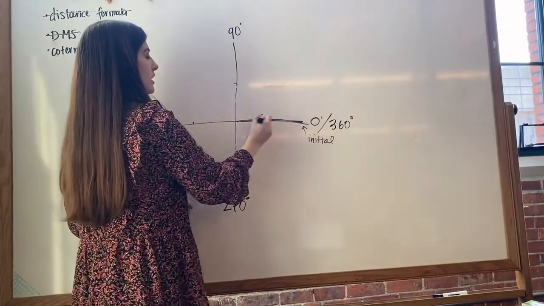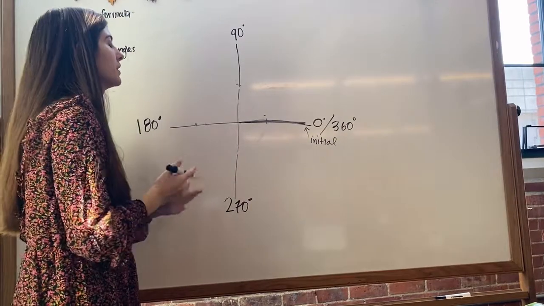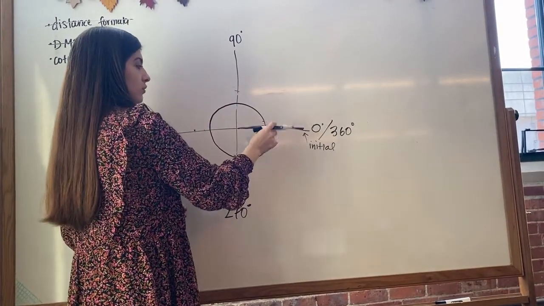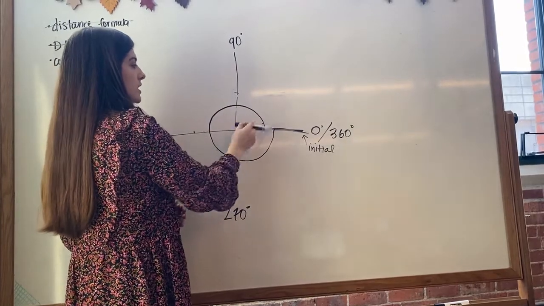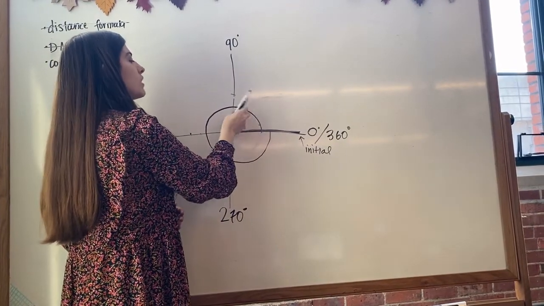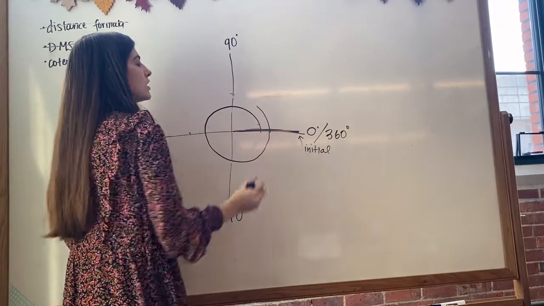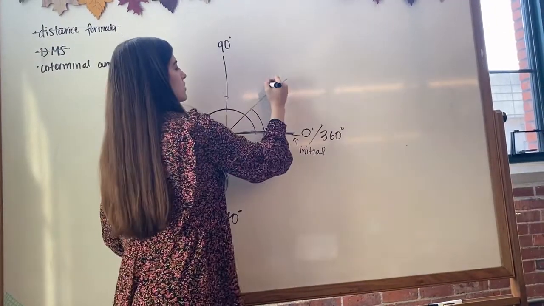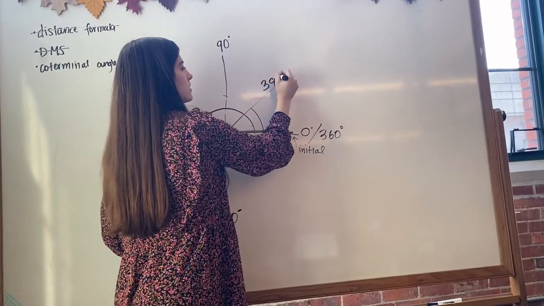So let's say we're starting here, and we go all the way around to 360, and then we've gone just a little bit more. So let's say we're at 390.